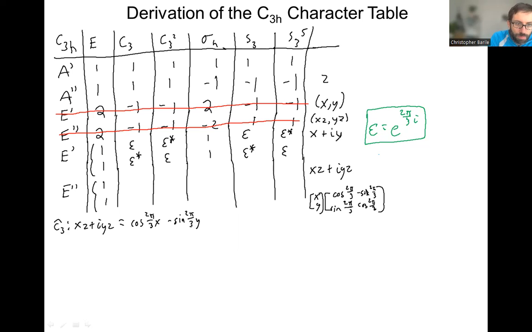That's fine, but we're also multiplying this by z. Well, how did z transform? Remember, we have it up here. z didn't do anything with C3, so z just went to z. So we can times all these by z.